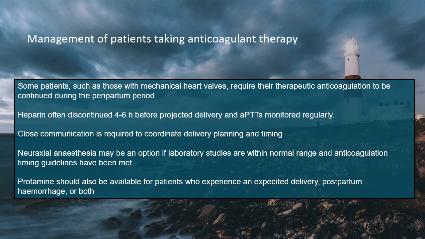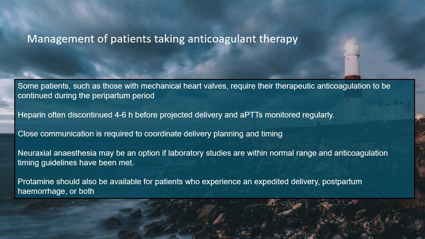For patients such as those who have a mechanical heart valve, this is more challenging because their therapeutic anticoagulation needs to be continued during the peripartum period. Heparin often needs to be discontinued 4 to 6 hours before projected delivery, which is very difficult to predict, and coagulation needs to be monitored regularly.